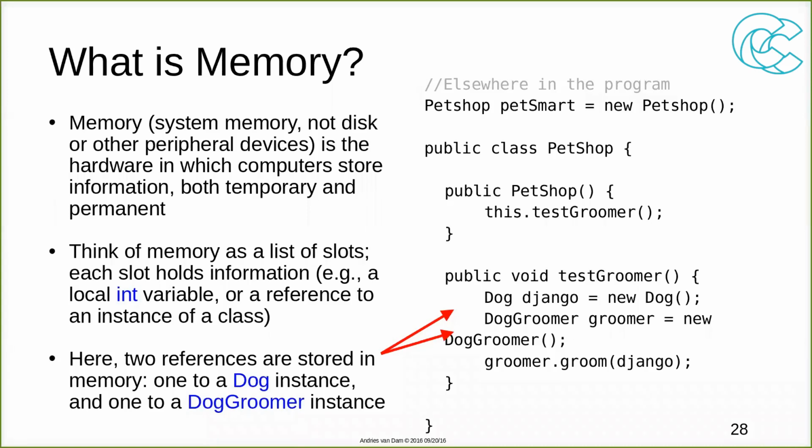Whenever you shut down your machine, all the things in the RAM get lost, or when you stop the program, again all the things in the RAM get lost. So we are only talking about this system memory, which is the RAM. That's what we mean by the term memory here.